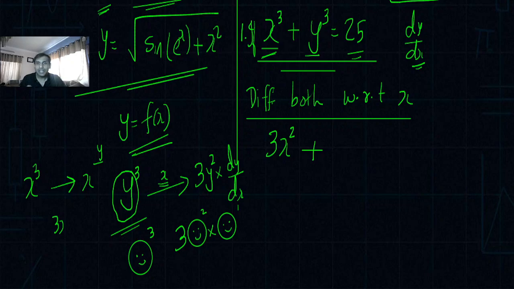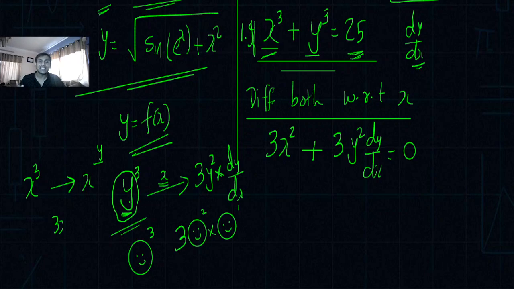It became 3 into y square multiplied by the derivative of y with respect to x, that is dy by dx. I'll write this as 3y square into dy by dx, and obviously the right side becomes 0 because 25 is a constant and the derivative of a constant is 0.